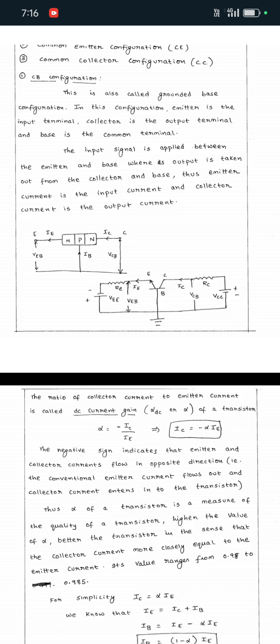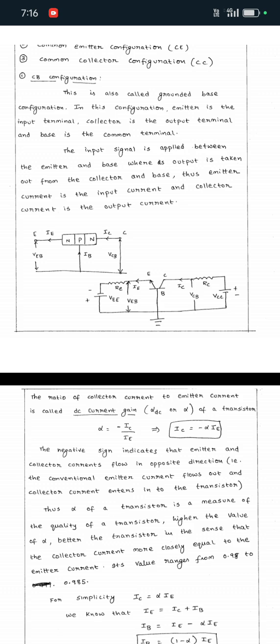First, the common base configuration, which is also called the grounded base configuration. In this configuration, the emitter is input, the collector is output, and the base is the common terminal. So there are 3 terminals, right? Emitter, base, collector. Of these 3, one is input, another is output, and one is the common terminal.